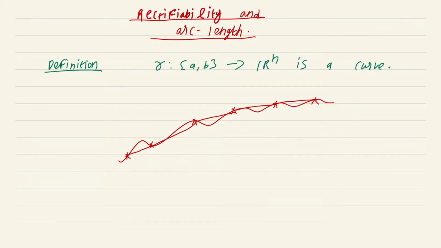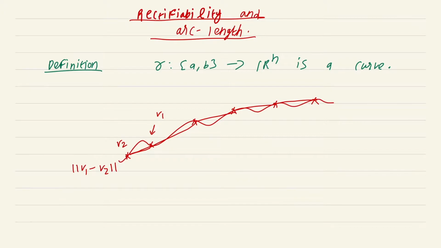Now you know how to measure the length of a line segment. If you call this vector v1 and v2, the length of this line segment from v1 to v2 is just norm v1 minus v2. So this is what is known as a polygonal path. You just look at the length of the polygonal path.